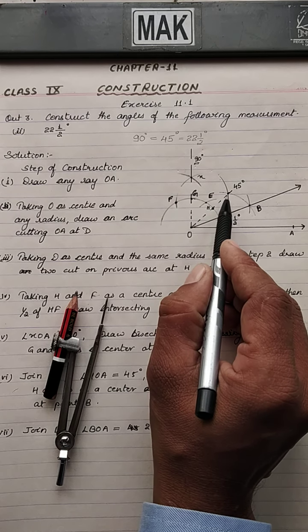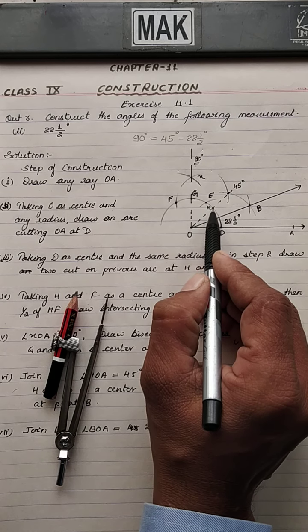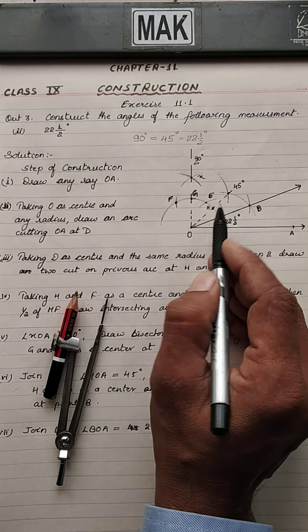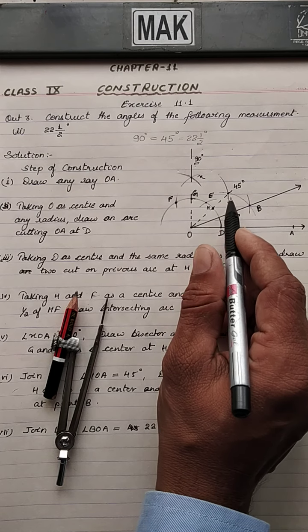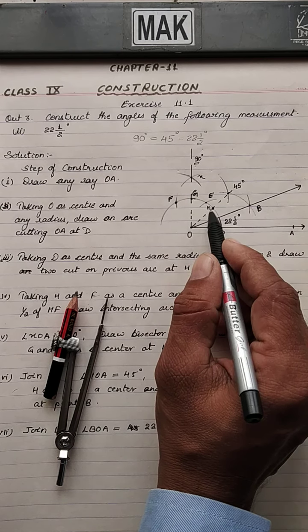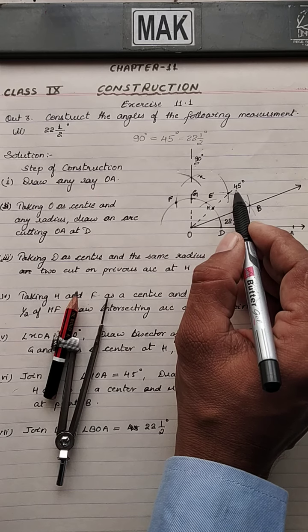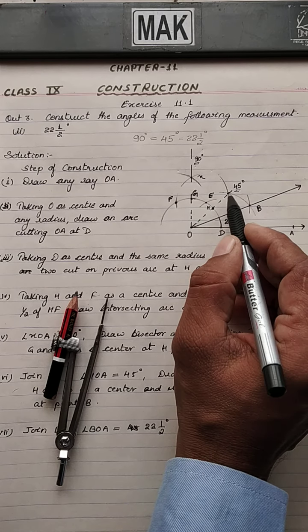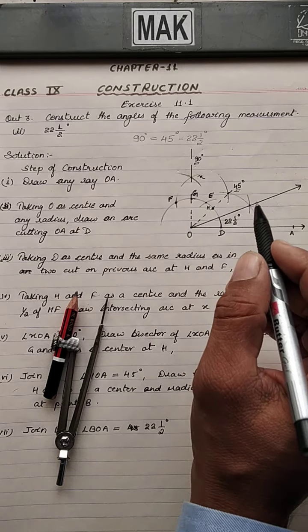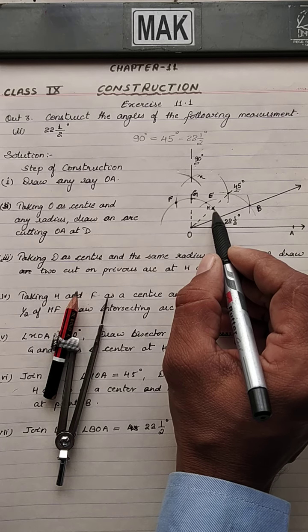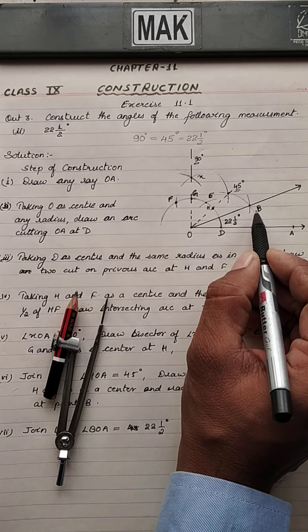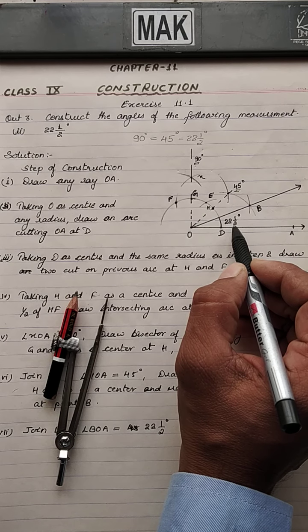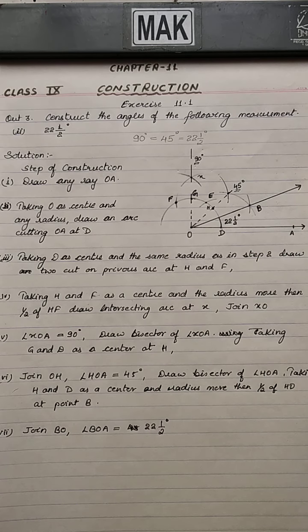When we joined this, it intersected the arc at point H. It is small, but it is H. After construction of HOA, I have written 45 degrees, because it is the bisector of the 90-degree angle. After that, when we draw the angle bisector of HD at B, it is 22.5 degrees. Now you can pause the video and note it down.